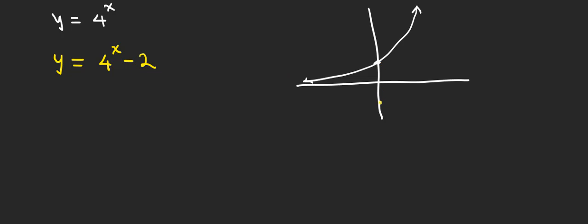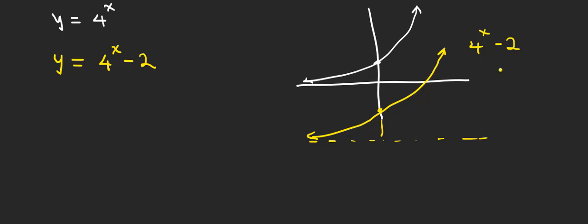So the y-intercept will go down 2. And the x-axis will go down 2 as well. So the graph will look like this. Everything is moving down 2. So this will be 4 to the x minus 2.